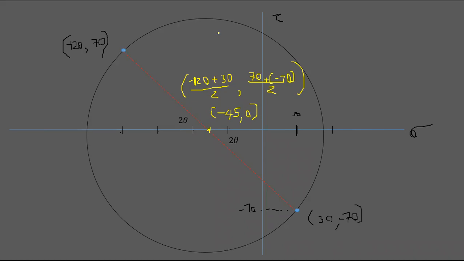So now I need to find the principal stresses sigma 1, sigma 2, right? So you remember, this is r, right? This is the radius. So you can find easily the radius. This is a straight line.